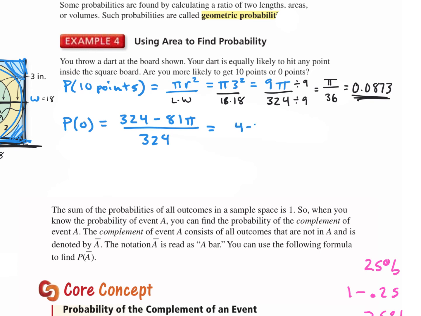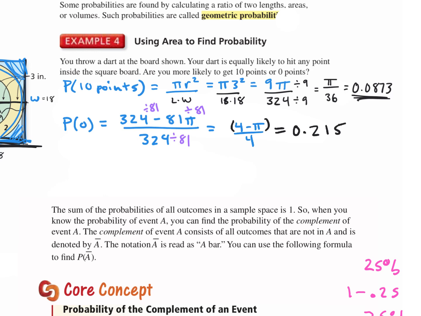We would have 4 minus pi over 4, just dividing everything by 81. And then if we put 4 minus pi divided by 4 in our calculator, what would we get? 0.215.